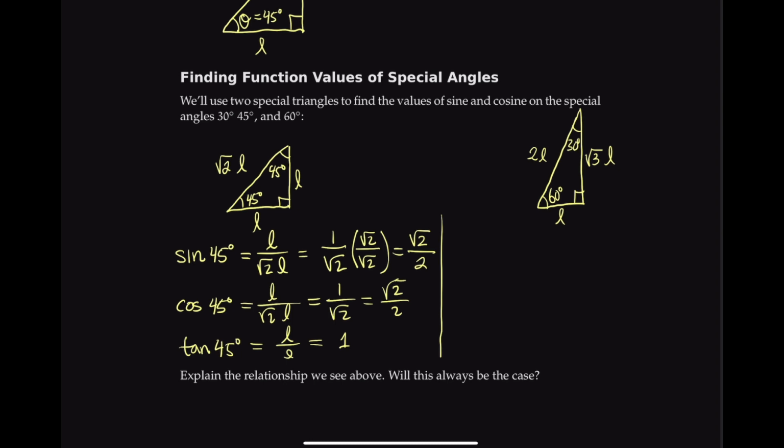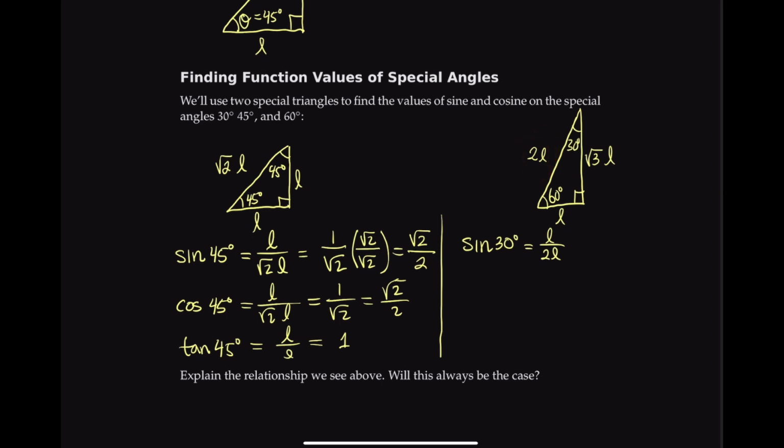Okay, and so what we can do now is compute the sine of 30 degrees, let's say, and that's going to give us L divided by 2L, right? Because this is the opposite of 30 degrees divided by the hypotenuse, is what I mean to say.